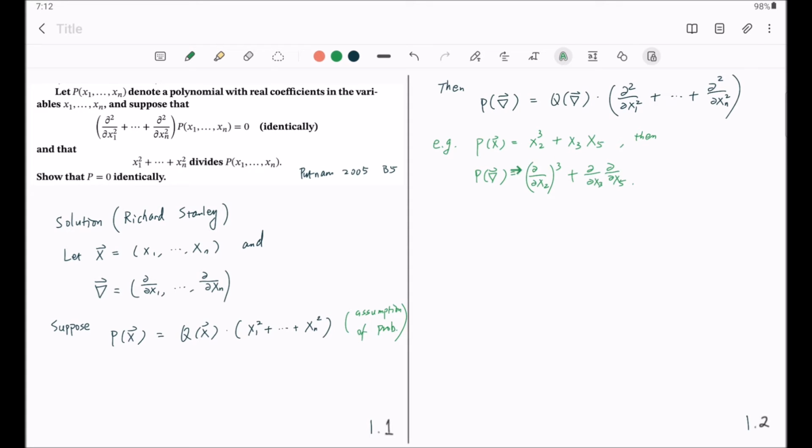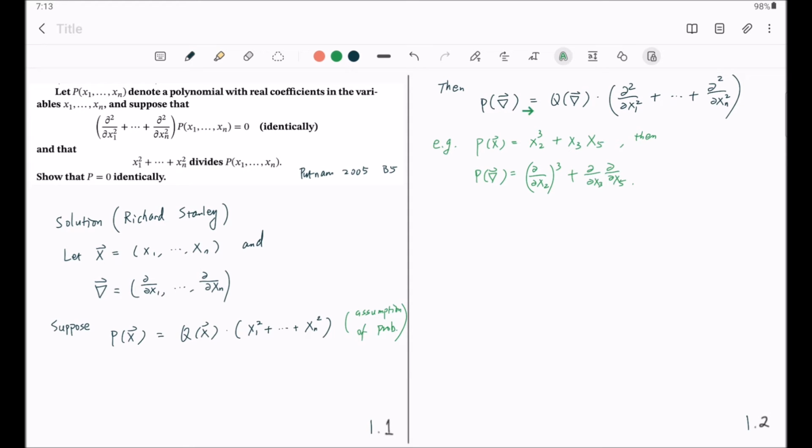Also here, don't worry about the order of taking differentials, because we are living in the world of polynomials. It's okay that you change the order of those differentials, because polynomials are smooth enough for you to change the order of taking differentials. Okay, now let's move on from here.